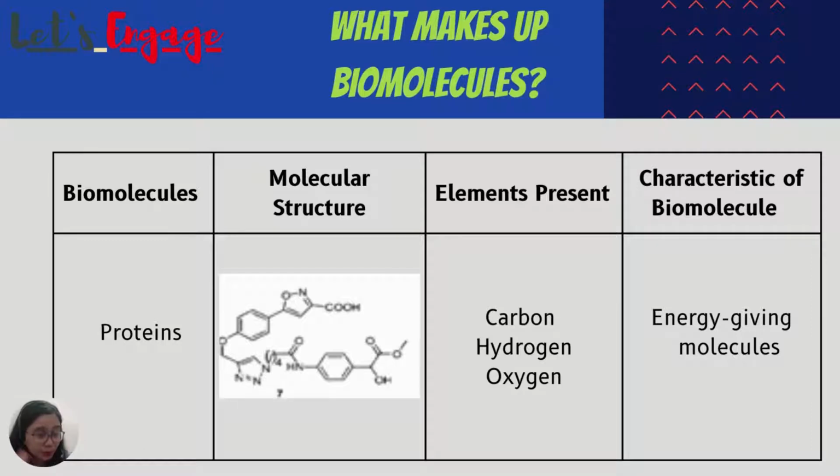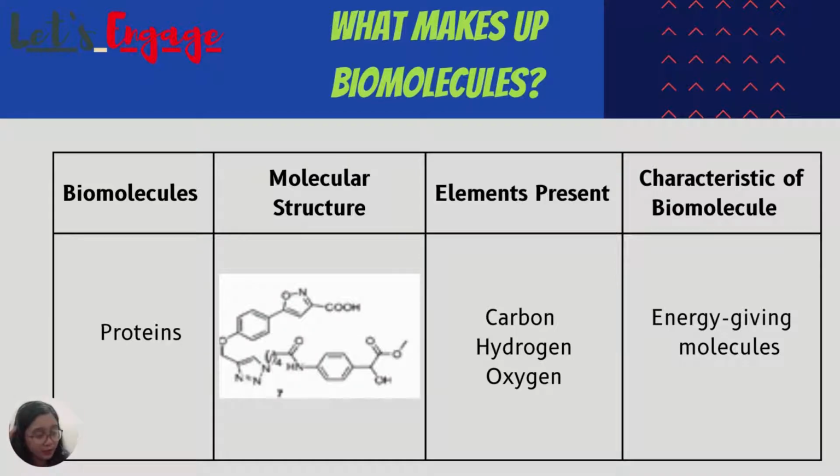For example, the elements present in proteins are carbon, hydrogen, and oxygen, as you can see in the molecular structure of proteins. And for the characteristic, proteins are energy-giving molecules.